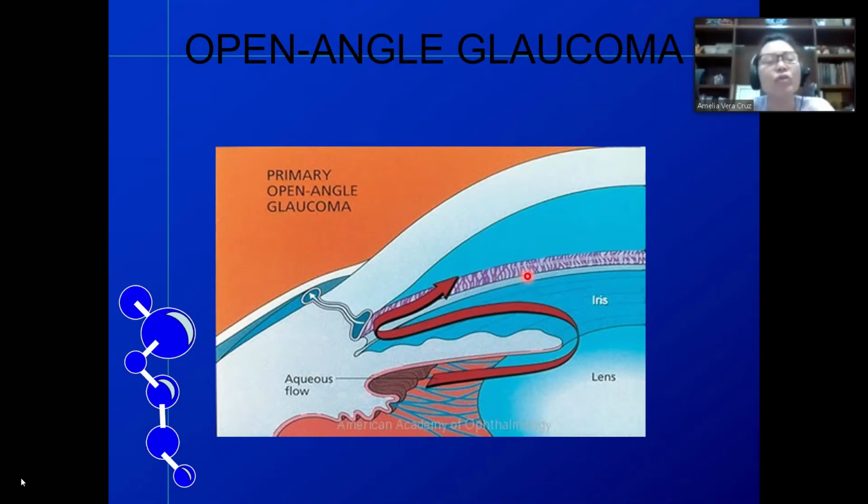Na? For some reasons, hindi natin alam kung bakit hindi siya nag-drain. But normally, the aqueous humor production is normal. Seldom ka nagkaka-glaucoma na mataas ang aqueous humor formation. Usually, ang drainage system ang problema sa glaucoma.